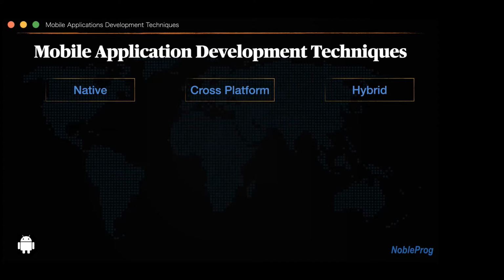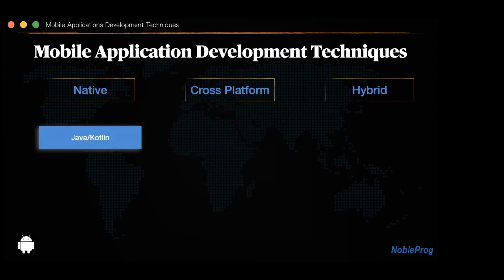So once we are saying that we have three different options, each one of these has cons and pros. So don't believe someone who tells you that cross-platform is the best, or native development is the best. Best in terms of what? It might be best in some cases, and in other cases it might not be that much.